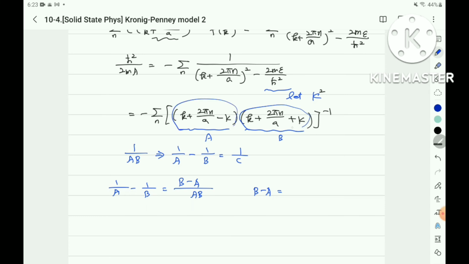b minus a is 2k, and ab represents k plus 2 pi n over a square minus k square.